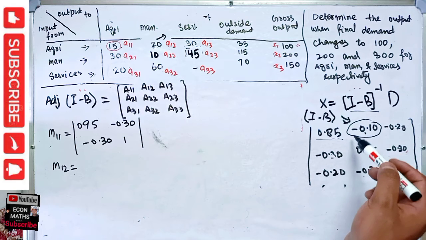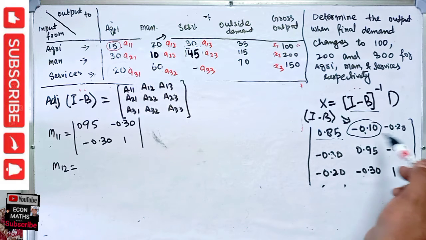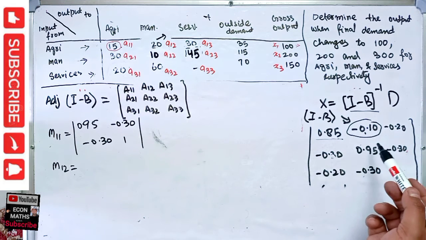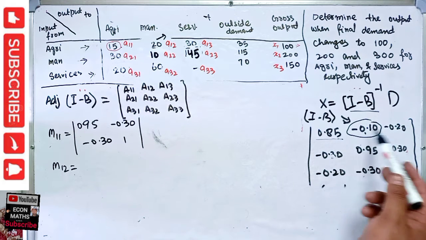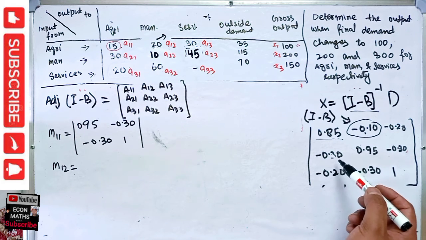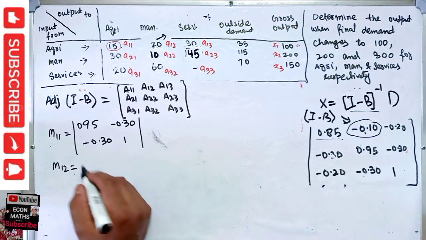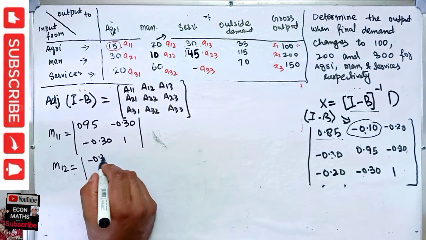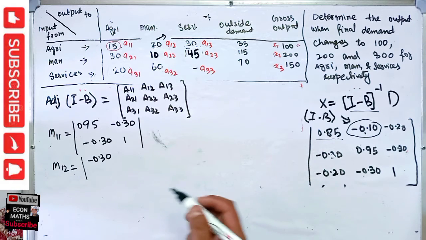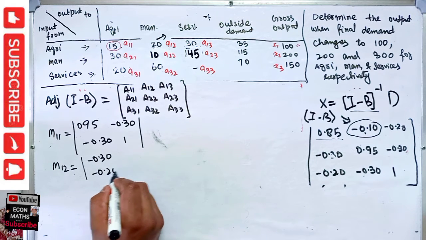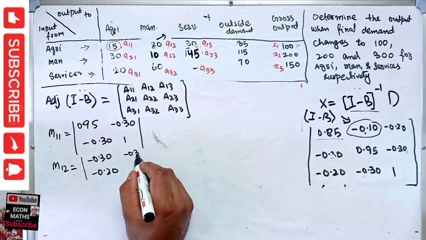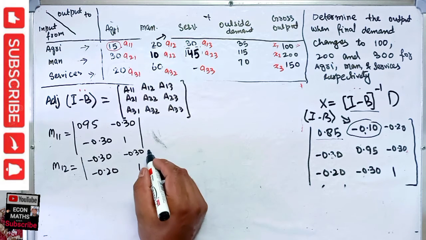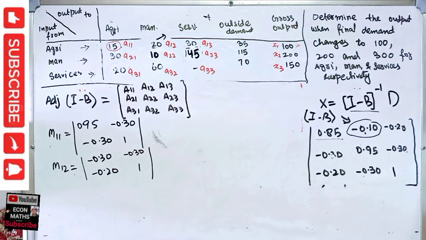To find the m12 we delete this row and this column in which this number appears and take determinant of the remaining elements. So remaining elements are here 0.30, minus 0.30. So I will write minus 0.30, we have minus 0.20, then we have minus 0.30, and we have 1. Okay, this is our m12.